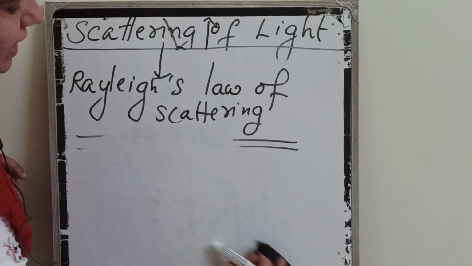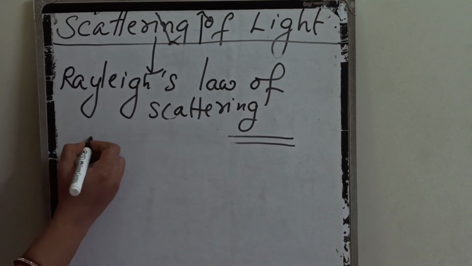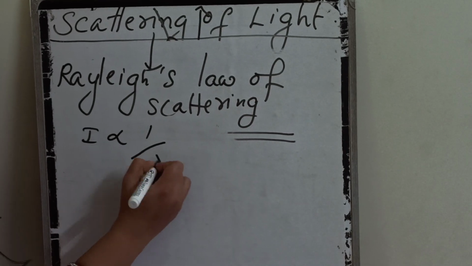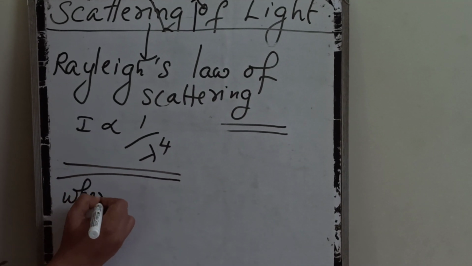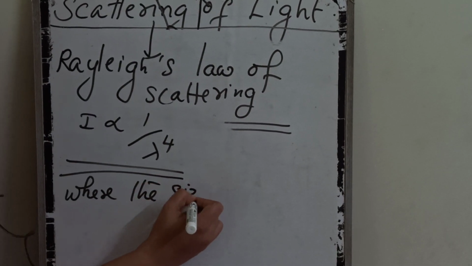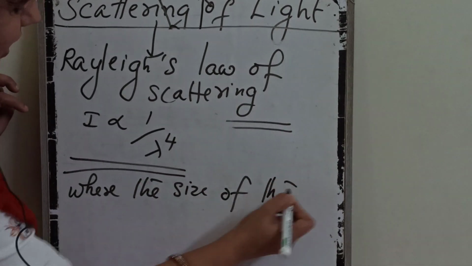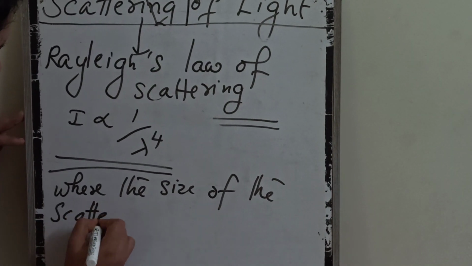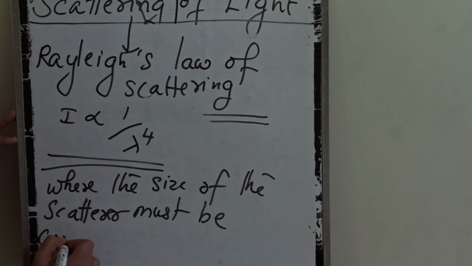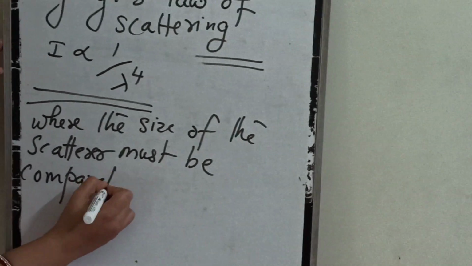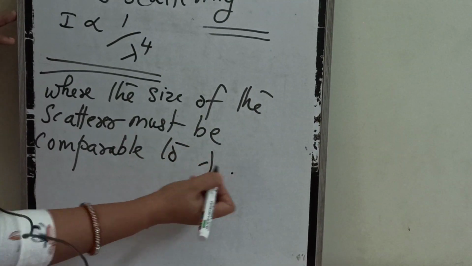Now, here one condition is also mentioned, that is I proportional to 1 by lambda raised to 4, where the size of the particle or the size of the scatterer must be comparable to wavelength. What does it mean?